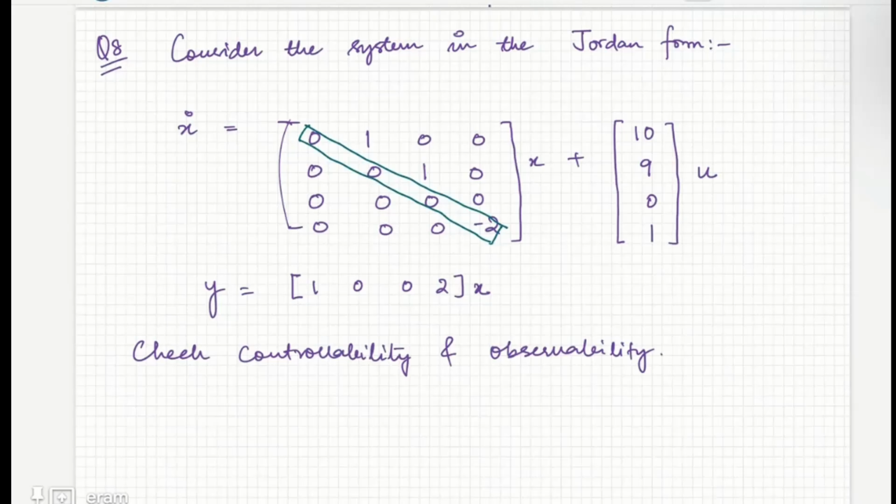So we have two eigenvalues, lambda 1 equals 0 and lambda 2 equals -2. Lambda 1 has multiplicity of 3, because 0 occurs 3 times in the diagonal, and -2 has multiplicity of 1.